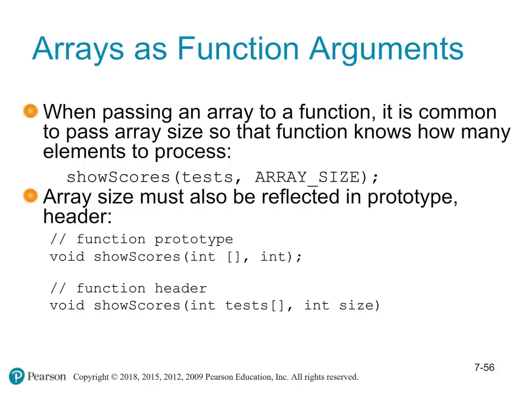The second parameter is an int, integer type. And for the function header, we say void showScores, int, and we specify the array name, tests, empty bracket, then int size. Inside the function, you can use the size parameter in loops to iterate through the array elements.